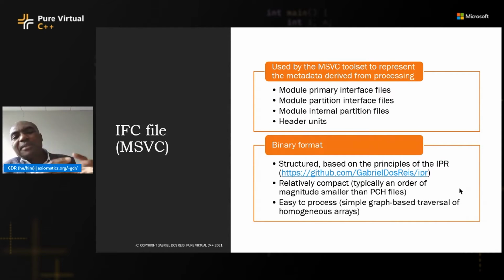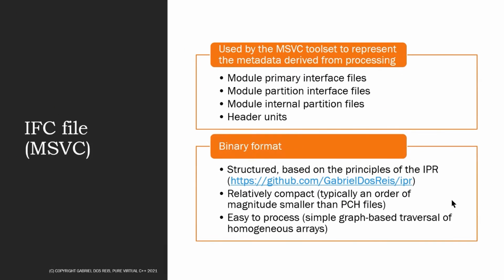With the MSVC toolset, for example, the representation, we call it an IFC. When you have a module interface, you give it to the MSVC front end. You invoke cl.exe on that interface file. It's going to produce two things: the metadata, which is stored in an IFC file that has the suffix .ifc, and then the object code that gets linked to the rest.